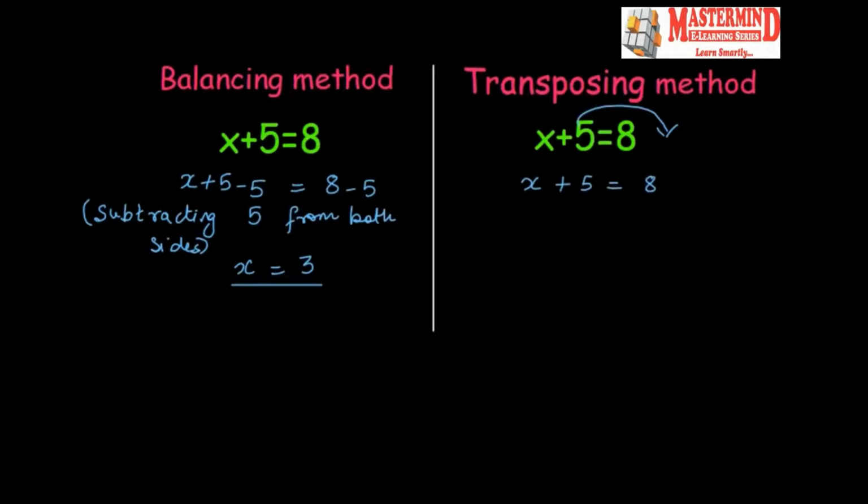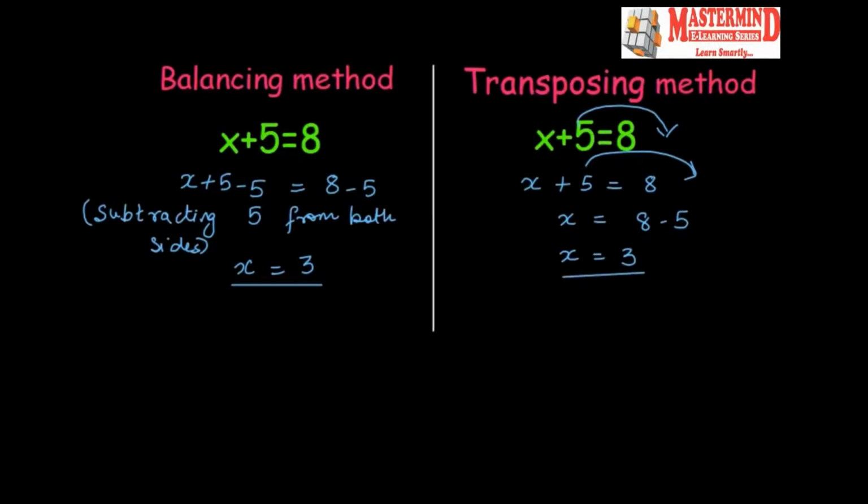If I shift it to the right hand side, its sign will change from plus 5 to minus 5. I will keep this x here on the left hand side, and this 8 also in the same place. Only this 5 will be shifted to the right hand side, and when it gets shifted, its sign will change to minus 5. So we have x is equal to 3. So we get the same answer using both the methods.